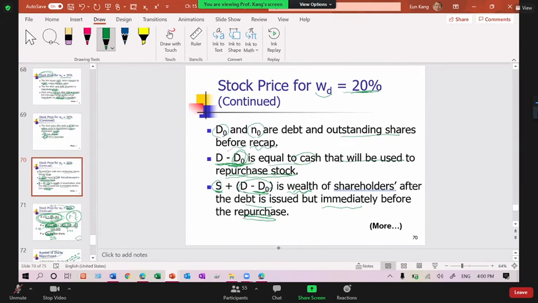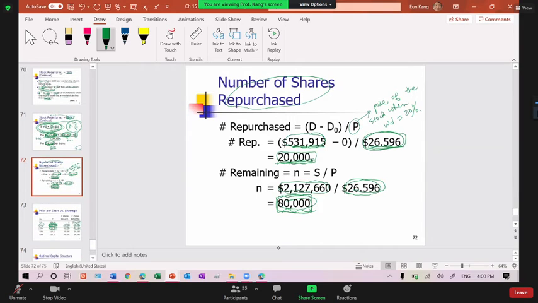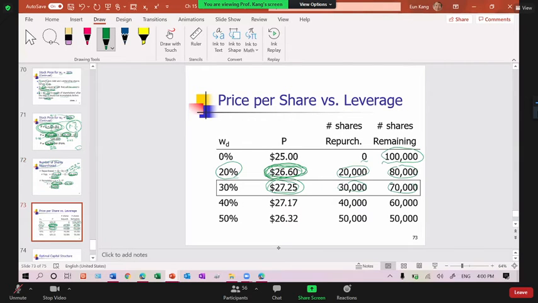And then what? Then number of shares repurchased is total debt D divided by stock price, 20,000 shares. Then remaining shares is what? Total equity divided by stock price, or 20% of number of shares and 80% of number of shares. So you just use it.